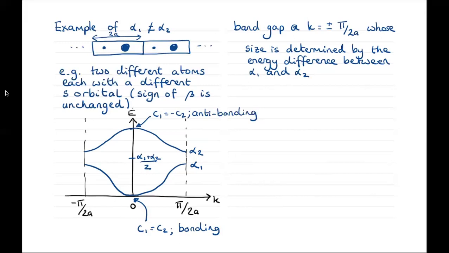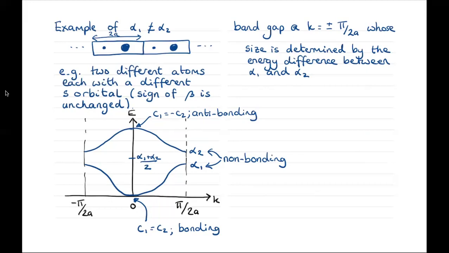And the orbitals at the edges of the Brillouin zone at plus or minus pi over 2a, these have the energies of the isolated atoms, and so they correspond to non-bonding orbitals because the energies are unchanged from the isolated atoms.